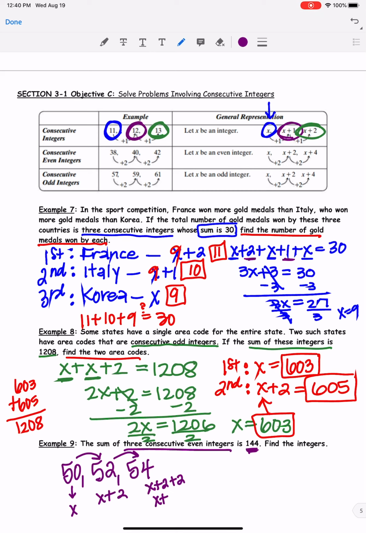So this is x plus 4. Okay, and again, this one's plus 4 because I'm really talking about this original one. How am I going from 50 to the next one? You're adding 4. Or you can think of it as you start off with x plus 2 and then you got to add 2 more to it.